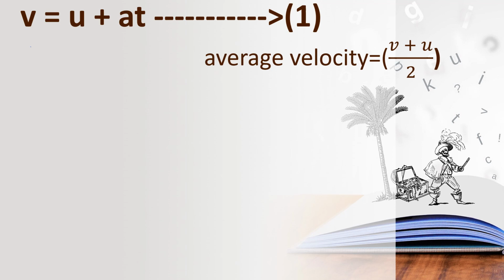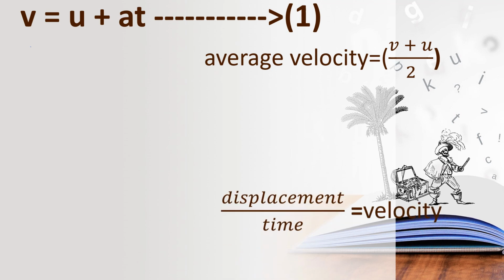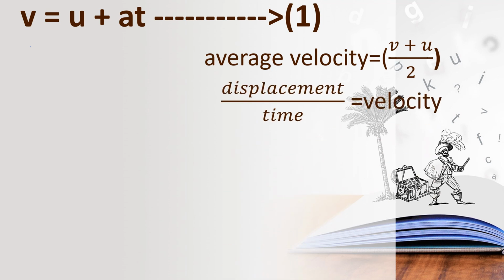So average velocity equal to V plus U upon 2. And then we have learned the formula for velocity. Children, what is the formula? Velocity equal to displacement upon time. From this formula we are going to find the displacement.